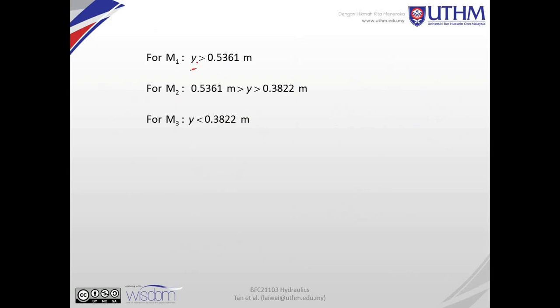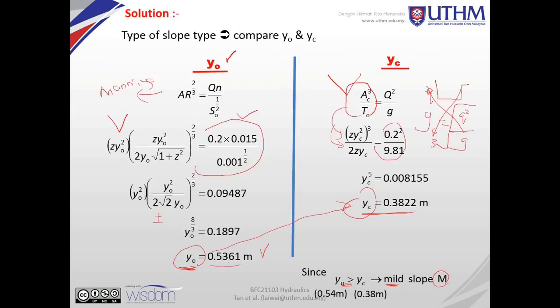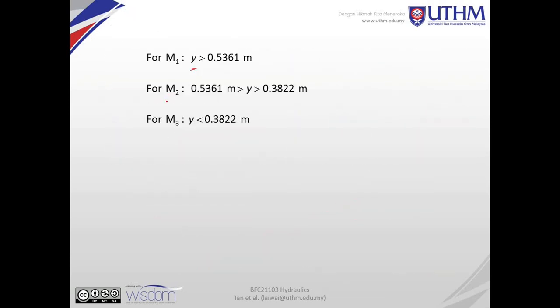So therefore y, the depth of the GVF curvature, must exceed both of the parameters. The largest one is 0.53, which is the y0 value. For the limit depth in region 2, the GVF depth should be more than either of the two parameters, either y0 or yc.